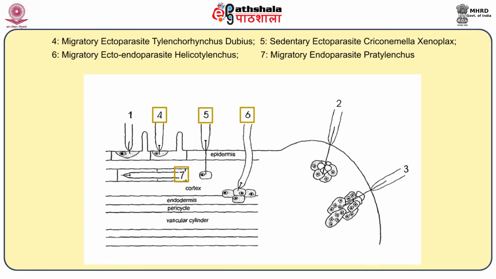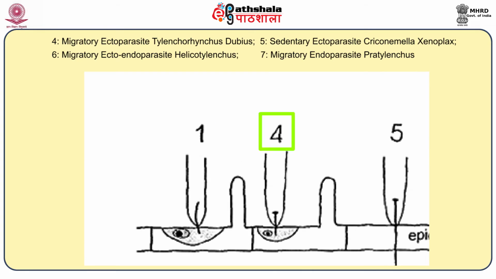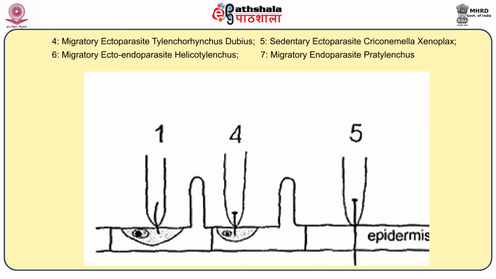In this schematic representation of the feeding sites of migratory root parasitic nematodes that we have seen, the numbers 4 to 7 represent Tylenchid nematodes. Of these, figure 4 represents the feeding site of the migratory ectoparasite Tylenchorhynchus dubius.